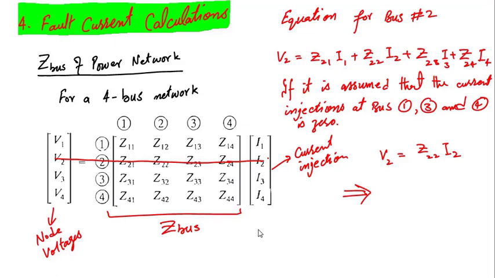So this implies from the equation that the entry Z22 is equal to V2 divided by current I2, given that I1 is equal to I3 is equal to I4 is equal to 0. So what is meant by this equation? Z22 is equal to V2 over I2.